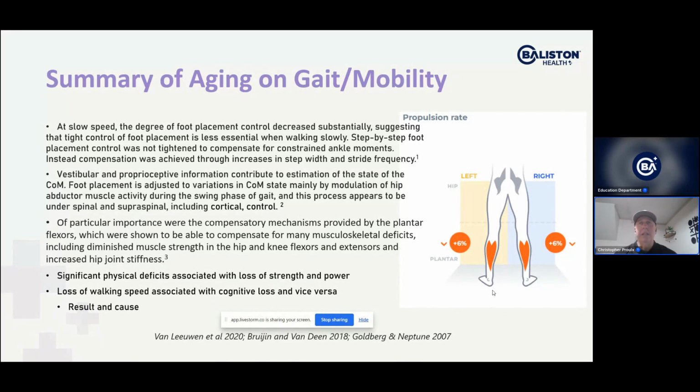And so that can present itself similarly to some of the things that we might see as a result of aging. Also with aging, people tend to be less physically active, and that creates an automatic decline in a lot of these features as well, including strength.